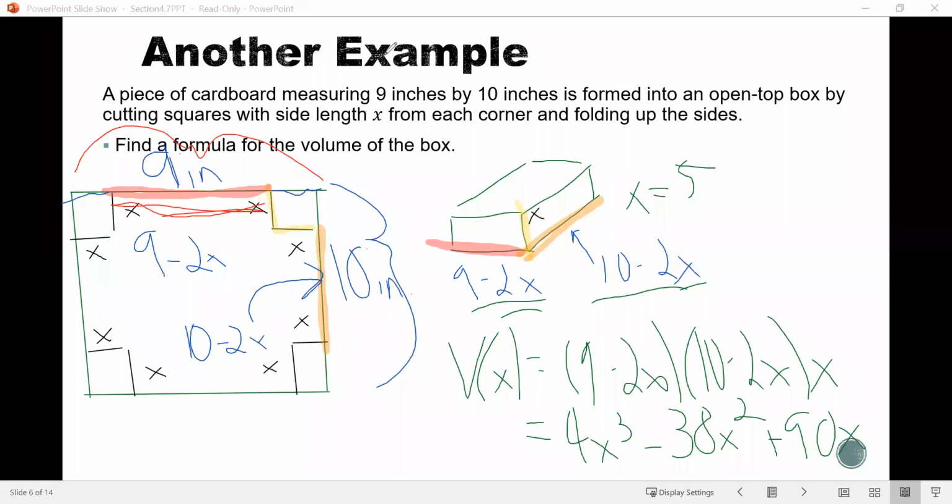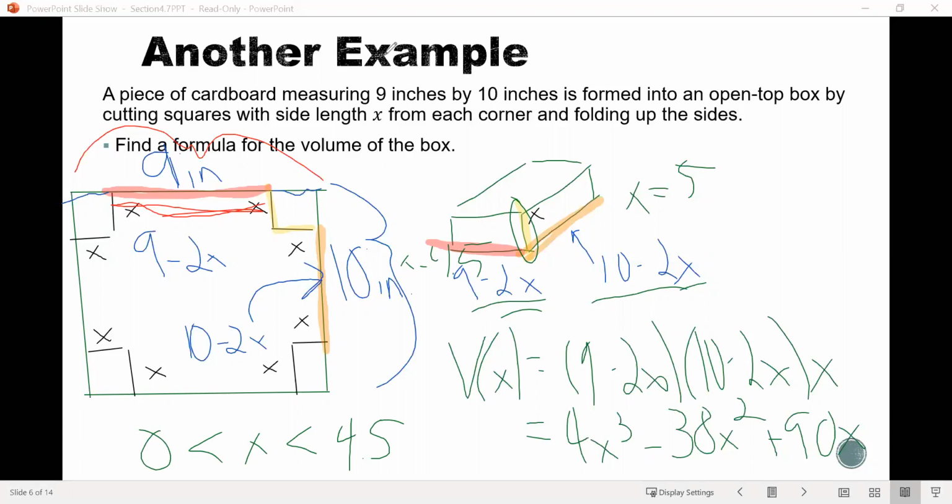Similarly for this 9 minus 2x, that's when x equals 4.5. So that'd be the largest x could be. And the smallest would be whatever the smallest value for the height could be, which again would be 0. So we have a range of 0 to 4.5 for our values of x.